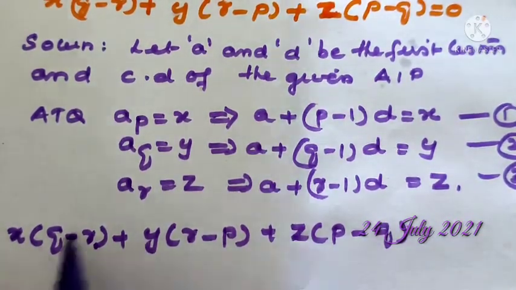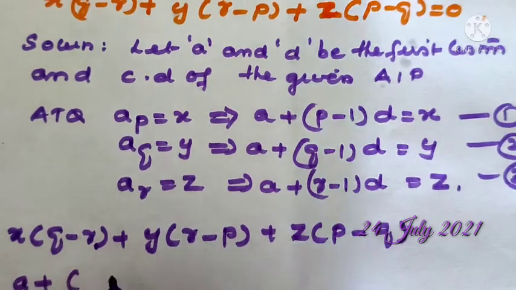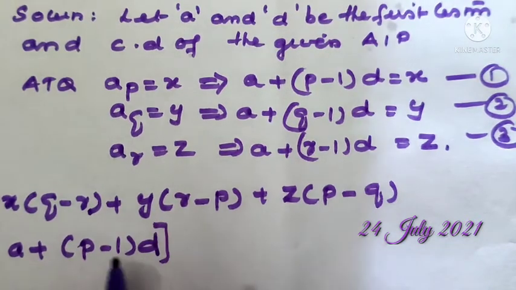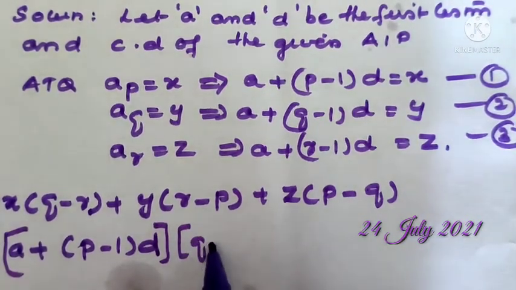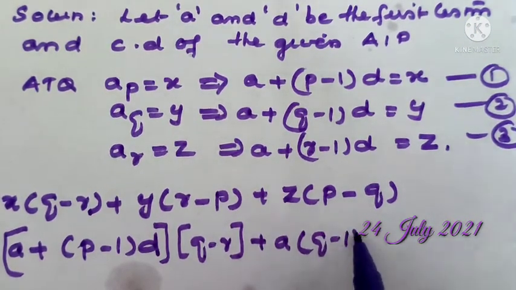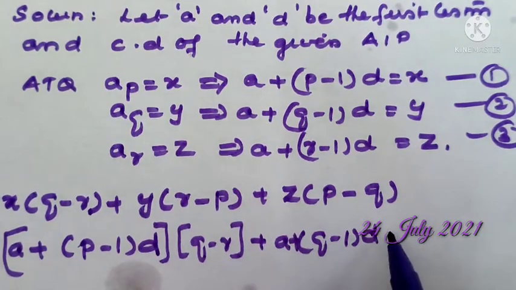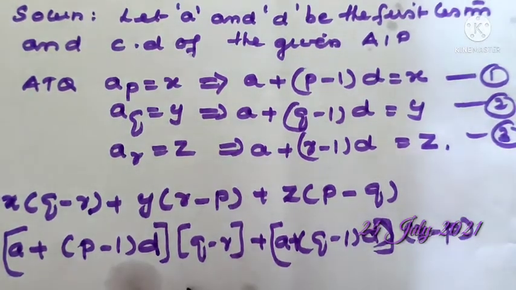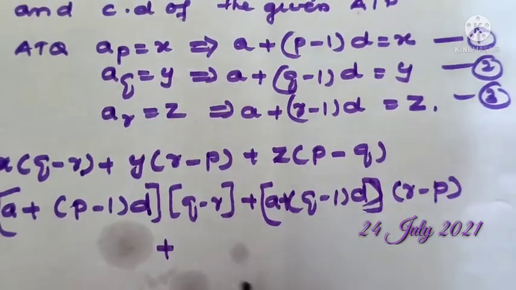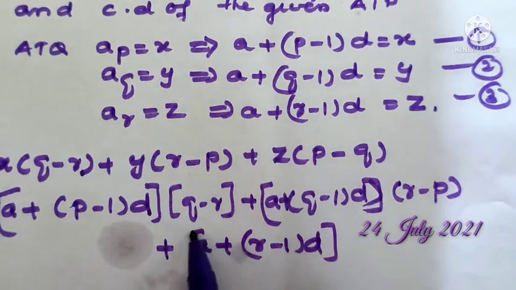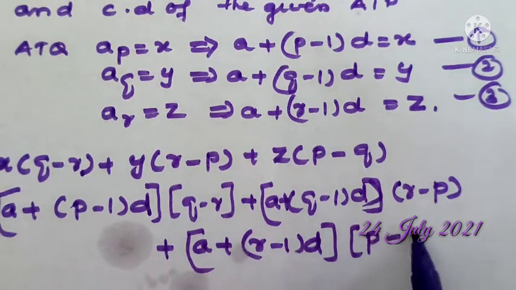So instead of x we are substituting a plus p minus 1 into D in one bracket, another bracket is q minus r, plus instead of y, a plus q minus 1 into D, bracket r minus p, plus a plus r minus 1 into D, that is z for us, into p minus q.